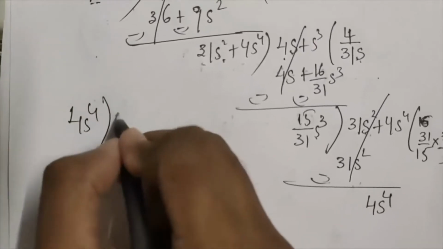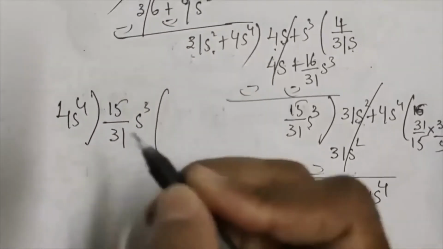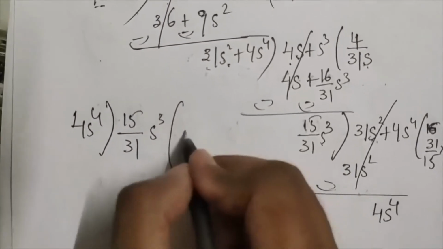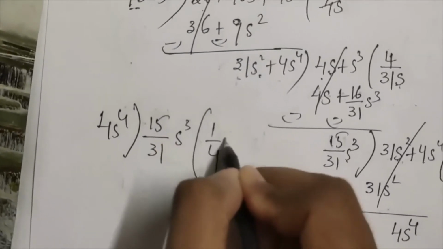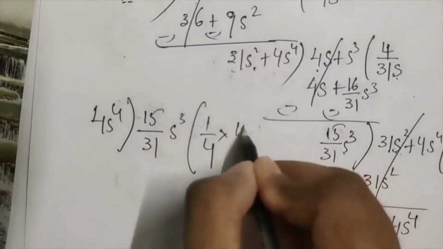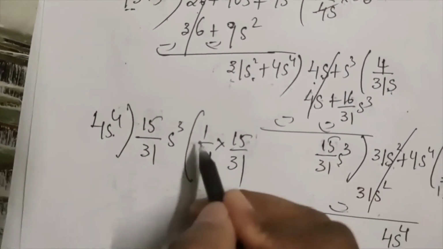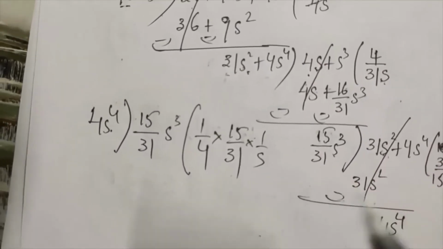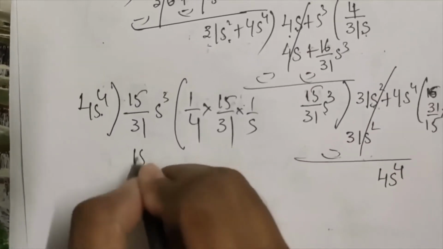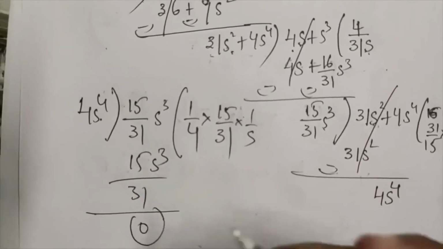Since it is positive, 15 by 31 s cube, instead of 4 I want 15 by 31. Here I have s power 4, here I have s cube, so I'll divide by s, which will give me remainder 0.